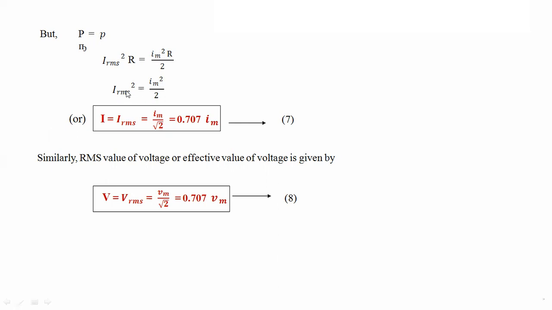So I RMS square is equal to Im square upon 2, so I is equal to I RMS is equal to Im upon root 2, which is equal to 0.707 Im.